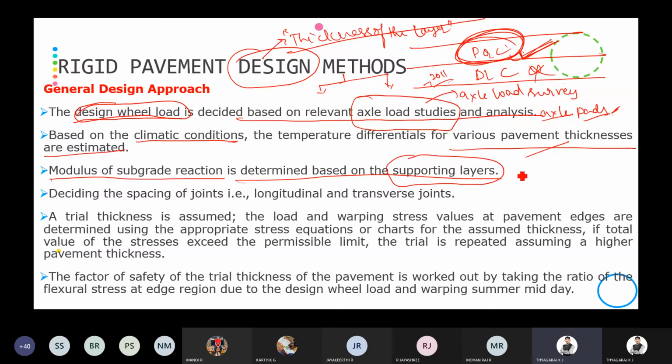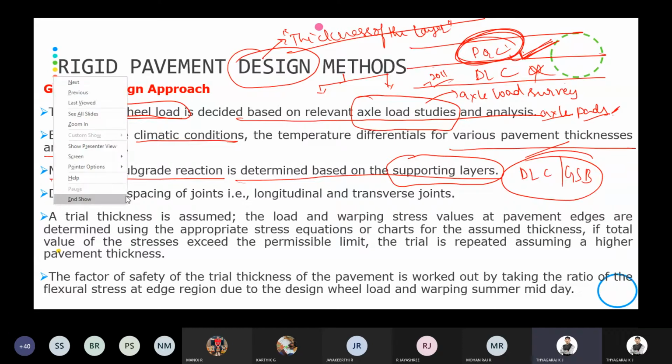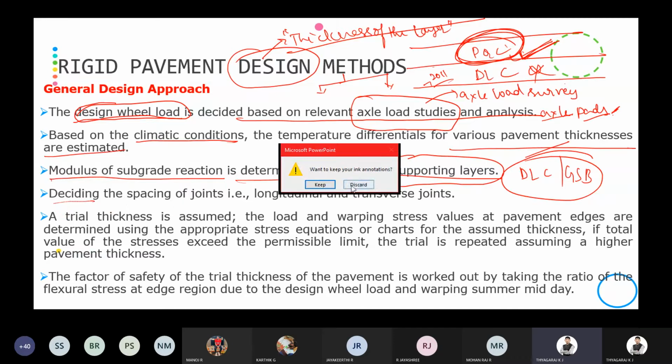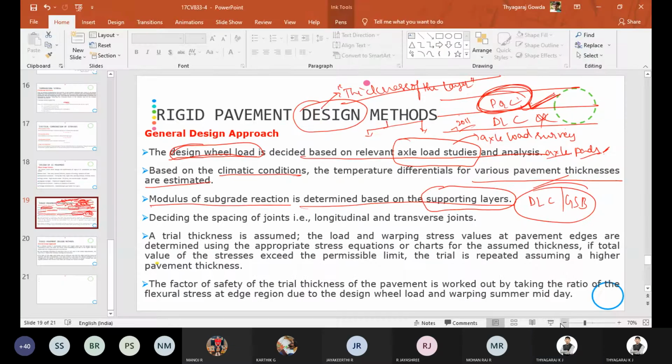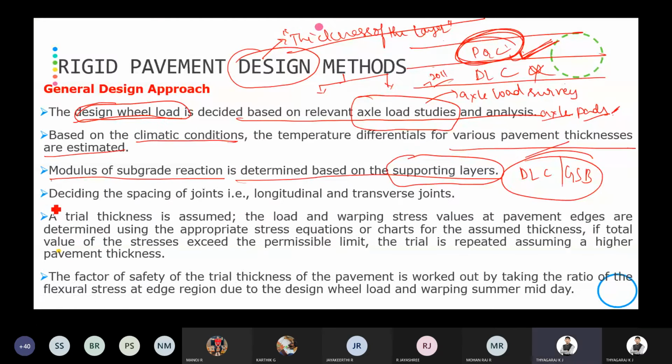I told you, the supporting layers may be DLC layer or GSB layer. So based on the material properties of this DLC layer and GSB layer, we are going to consider the modulus of subgrade reaction. Then the fourth point is deciding the spacing of joints, that is, the longitudinal joints and transverse joints.